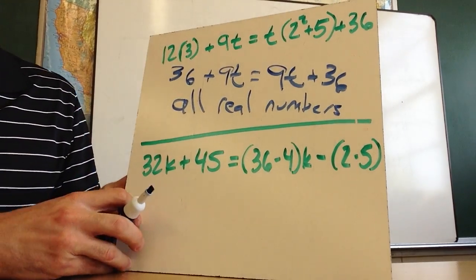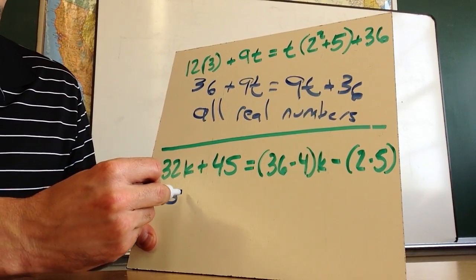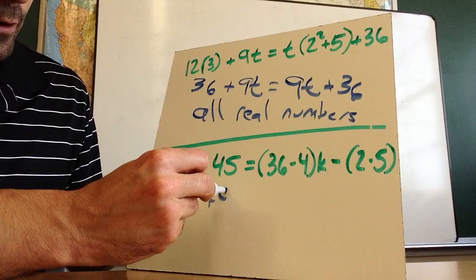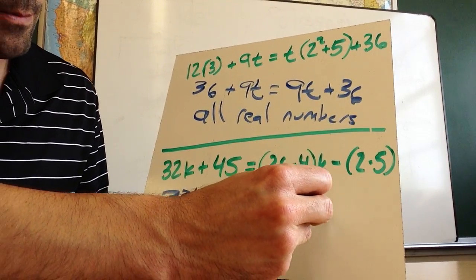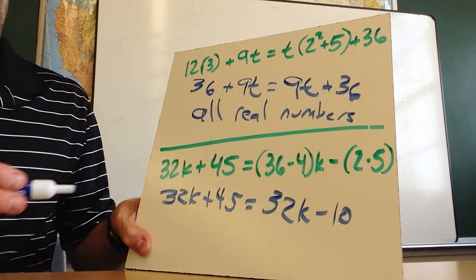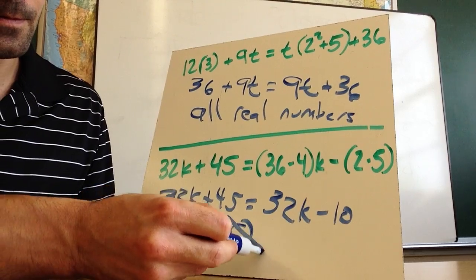Now, you may be able to guess what's going to happen down here, but this is 32k plus 45, and this is 32k minus 10. These two sides will never be equal. This one is the empty set.